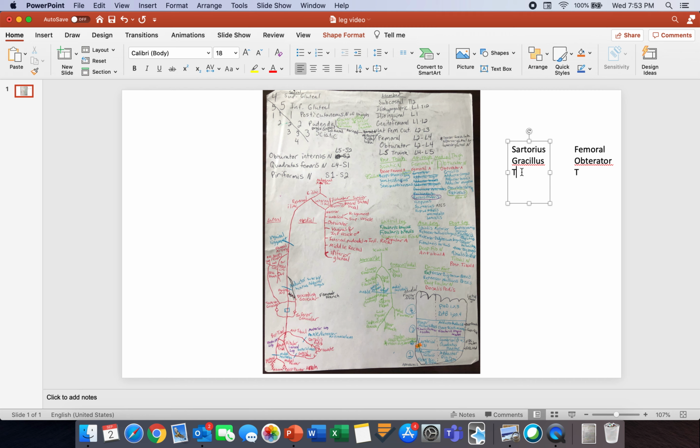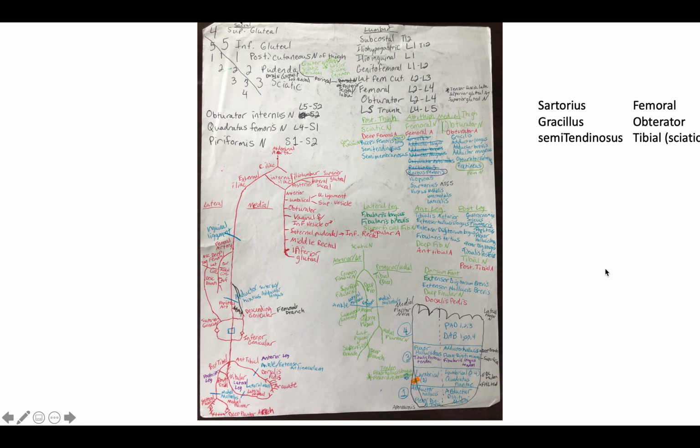And then finally, the T for sergeant will be semitendinosus. Okay? And that nerve is the tibial nerve / sciatic. Okay. Sorry, I just had to share that mnemonic with you, and that will get you at least in the ballpark.